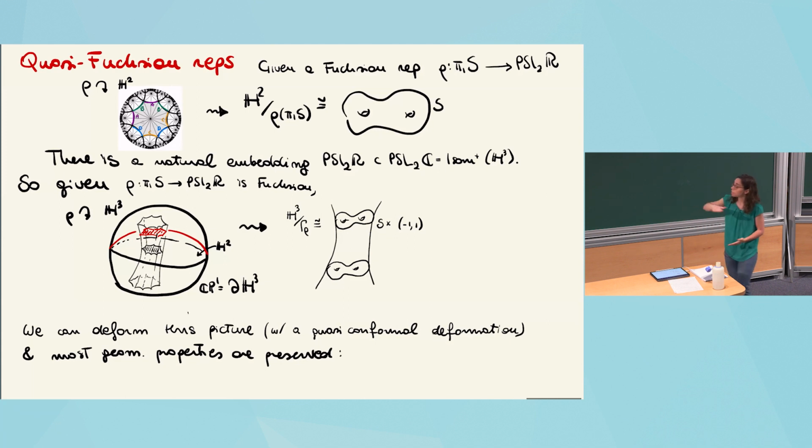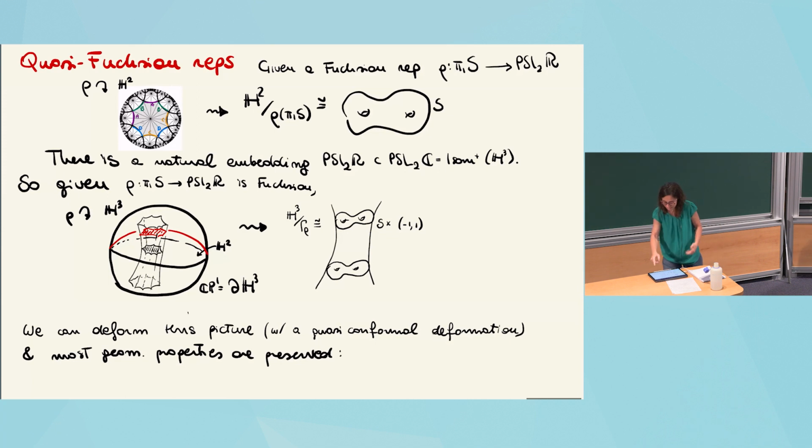What happens is that those representations preserve your H2 inside H3, and in fact, they also preserve all the equidistant planes. And so if you are studying the topology, you get a surface for every equidistant plane. So you get a 3-manifold that is homeomorphic to S times R. And you can ask, can I deform it while keeping the geometry the same? And the answer is yes.